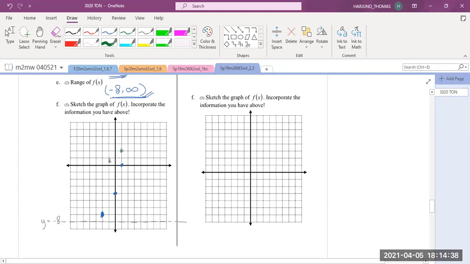Now how about the point (1, 2)? 2 units to the left, 8 units down. 1, 2, 3, 4, 5, 6, 7, 8. That's the new location of (1, 2).